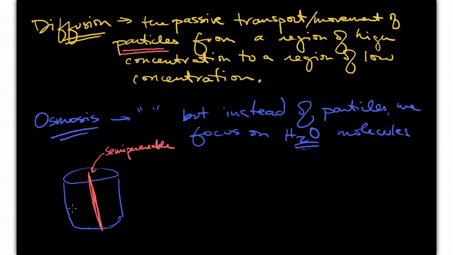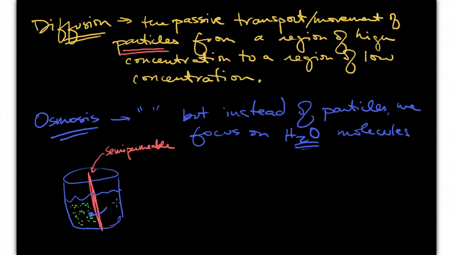And we've got some water in it, and lots of neon green salt on one side. But the salt cannot pass through the semi-permeable membrane. Water can.